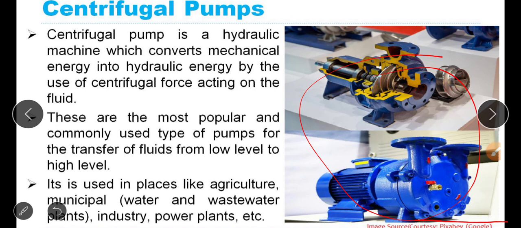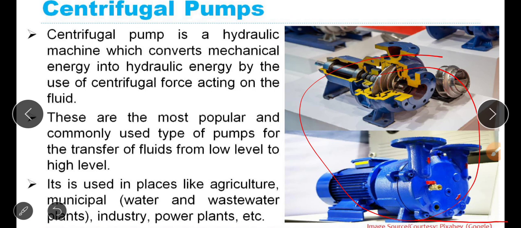How they perform, how to find out the work done per second, and then efficiency of the pump, heads, etc. Different efficiencies such as overall efficiency, mechanical efficiency, hydraulic efficiency, etc. We have to see in detail various parts of centrifugal pump, and among the two important types of pumps, one is centrifugal, another one is reciprocating pump, etc. Okay?